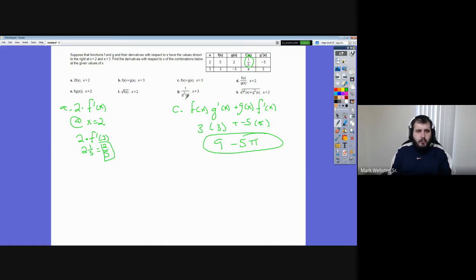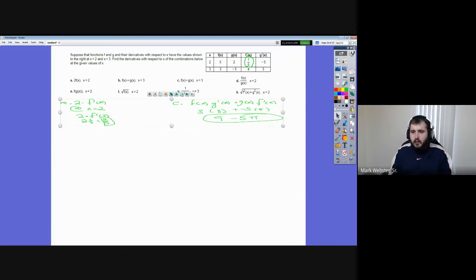I want to do one more. Let's do H. I'm going to make some room for H because H looks complicated. So we got the square root.